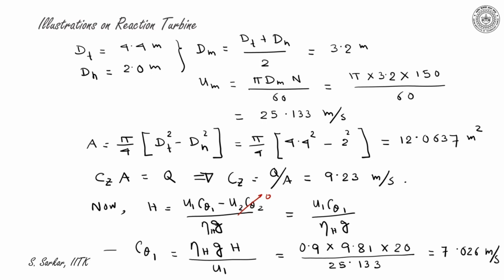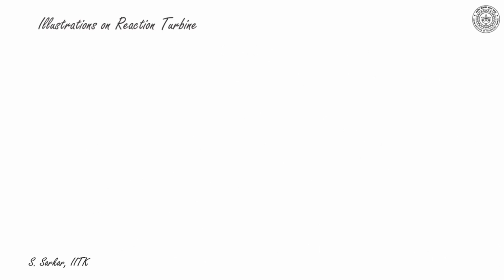Cz has been evaluated as 9.23 meter per second and U1 is 25.1 minus C theta 1 as 7.026.